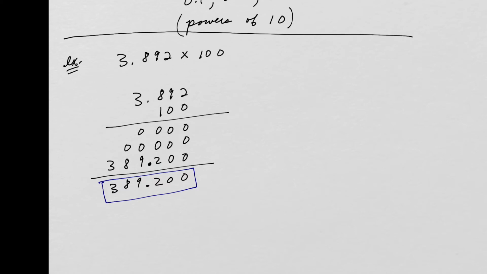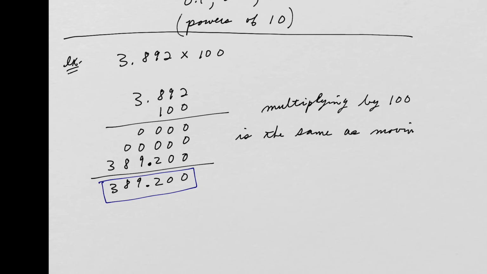So I'll say multiplying by 100 is the same as moving the decimal point two places to the right.